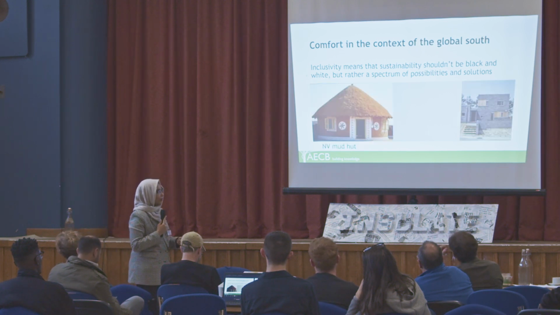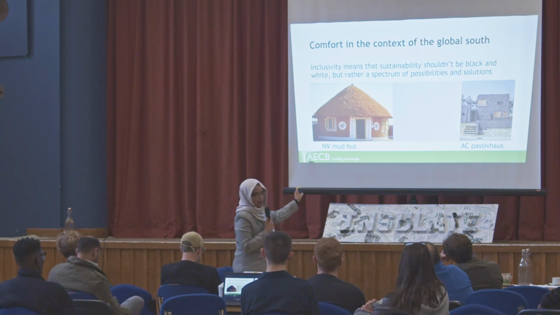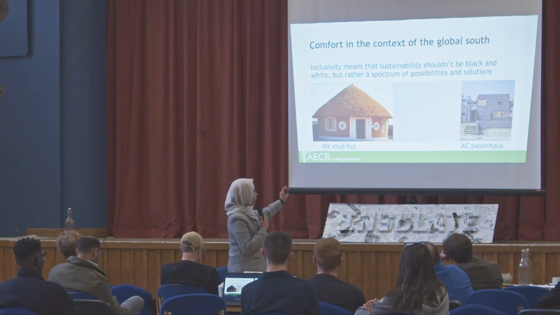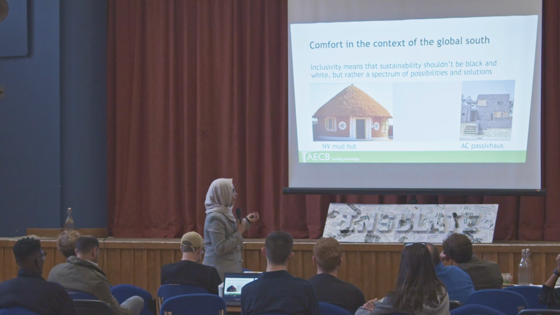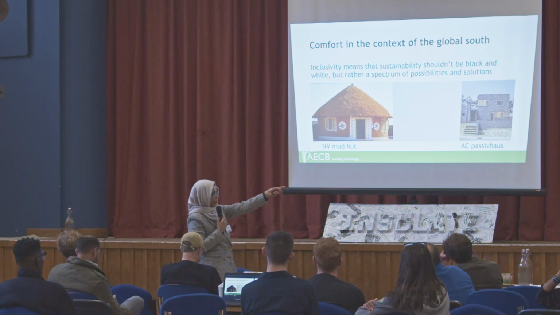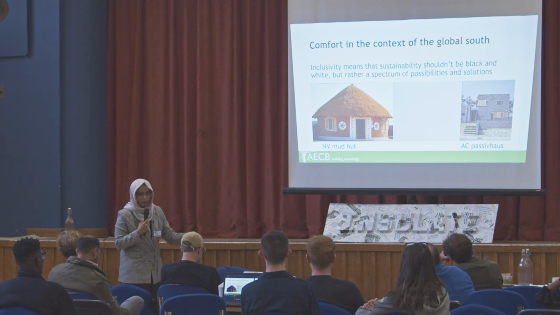So right now, the way it is in a lot of African countries is you either have a naturally ventilated mud hut, traditional life, 100%, or you'll have a very rich population living in something like an AC Passivhaus. This is one, for example, in South Korea, where it's also a cooling climate, but it's still very, very hyper modern.